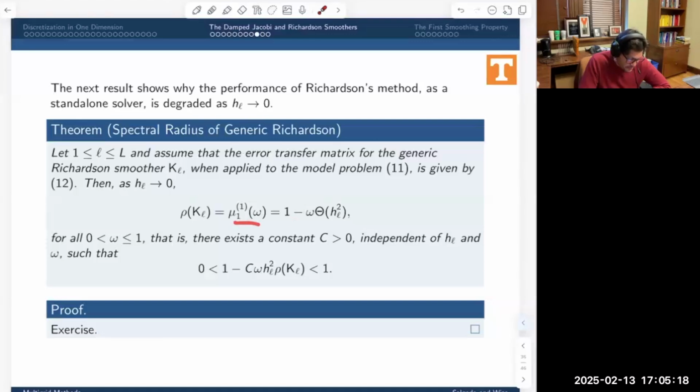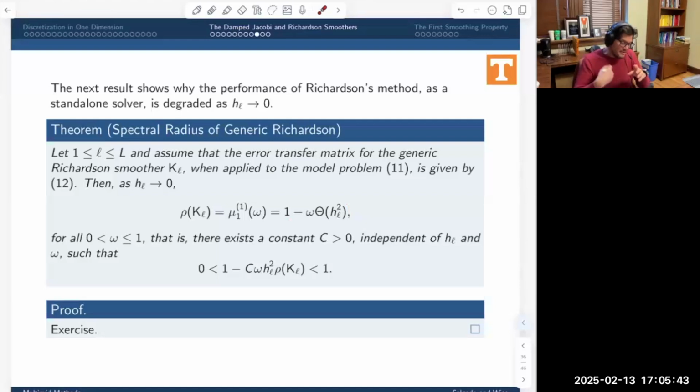Basically, it's roughly equal to 1 plus a number which is big theta of h_L squared. So this is going to 1 very, very fast. If the spectral radius is going to 1, that's saying that your method as a standalone solver is basically useless. And it gets worse as h_L gets smaller and smaller.